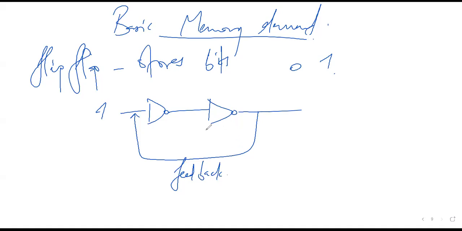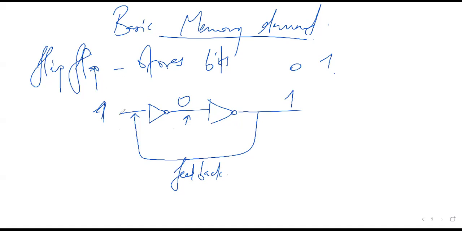I want to see what is the output of this circuit. If I have a 1 here, these are not gates. Right here, what do I have? A 0. Here, what do I have? A 1. That means I've stored a bit.